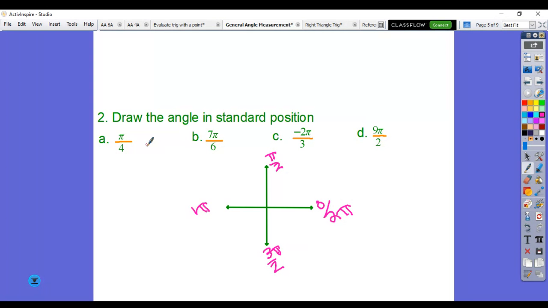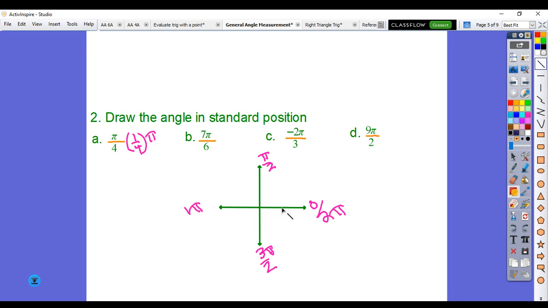So your question is, how many pi's is this? Pi over 4 is 1/4 of a pi. 1/4 is in between which 2? Okay, so we're starting out at 0. It's more than 0. A fourth is less than a half.